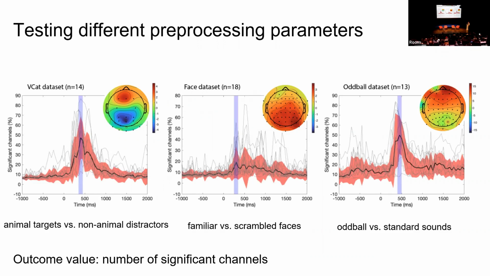Then the faces data set that we're going to use in the workshop, the Wakeman and Henson data set, where they were looking at familiar and scrambled faces, and then just a regular oddball task. The outcome value was the number of significant channels in the time window between 300 and 500 milliseconds after the stimulus.